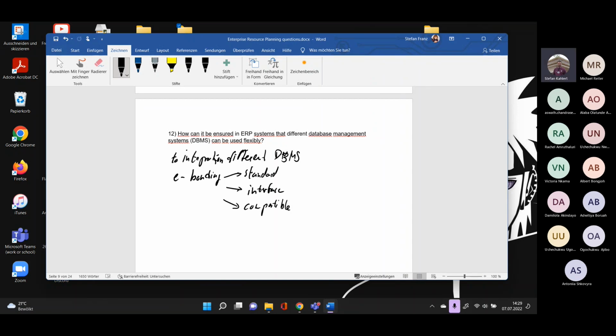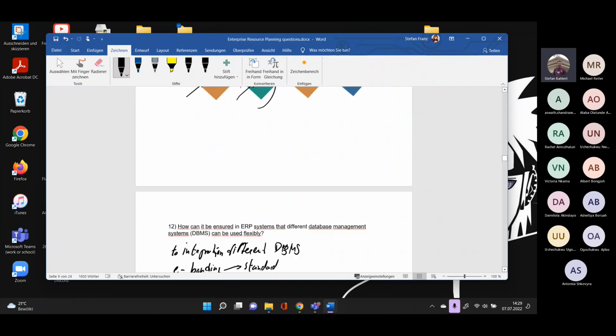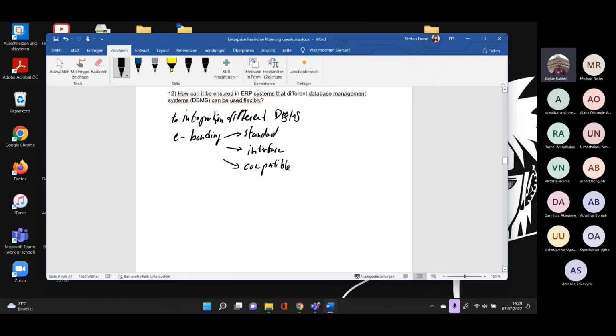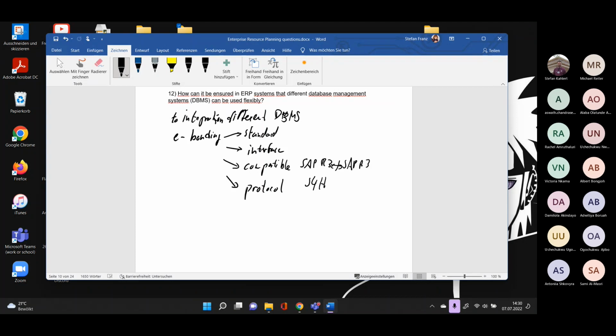I make an example. If you use, let's say, a database in the cloud from a partner or someone who has an SAP R/3 system, and you have one, then it's easy to integrate because they're using the same standard, same protocol, almost the same interfaces, and it's compatible, right? Also with S/4HANA.